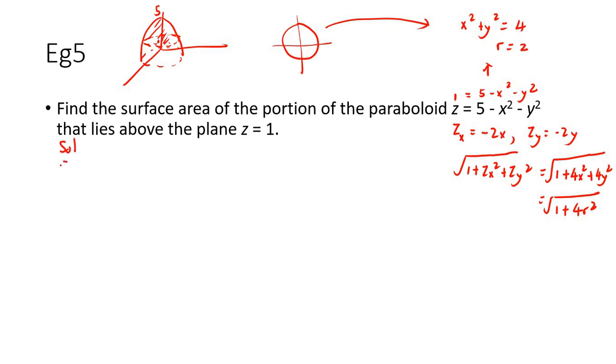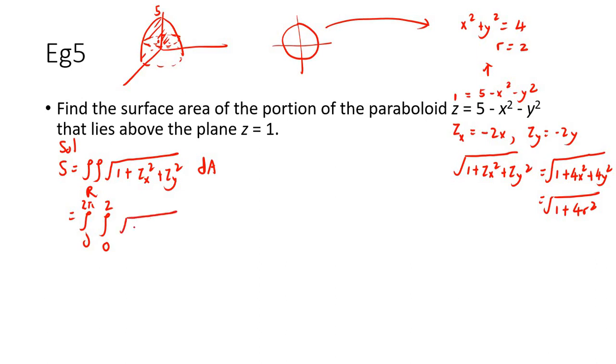So plug into the surface area formula, which is a double integral over region R of the square root of 1 plus zx squared plus zy squared dA. Region R in polar coordinates is a circle. With z equal to 1 plugged in, we simplify and get x squared plus y squared equal to 4, so r is 2, and it's a full circle, so theta from 0 to 2 pi, then r is 0 to 2.